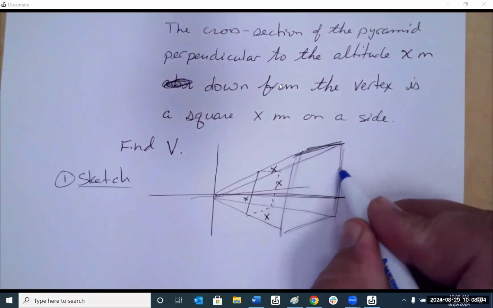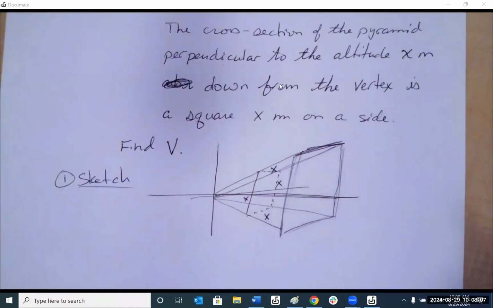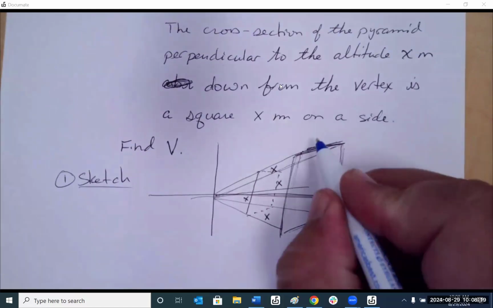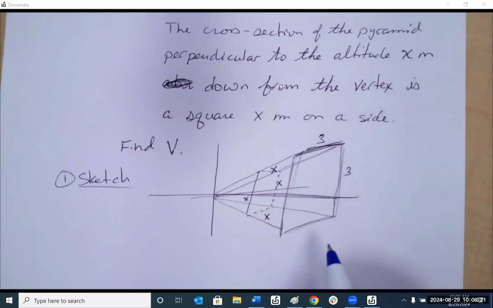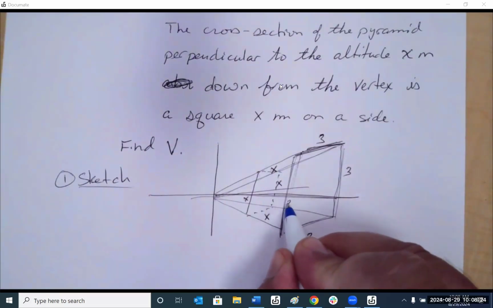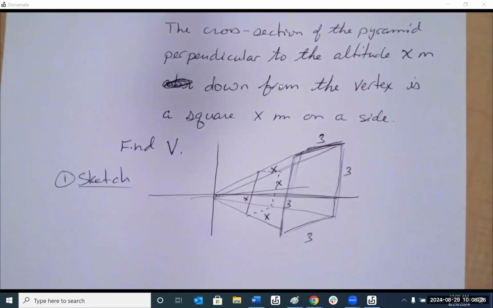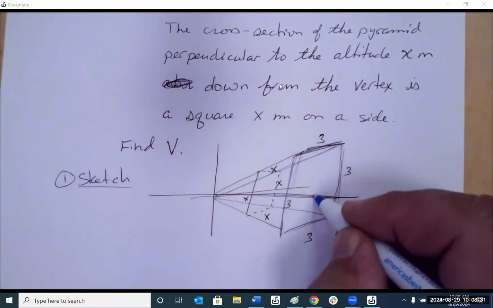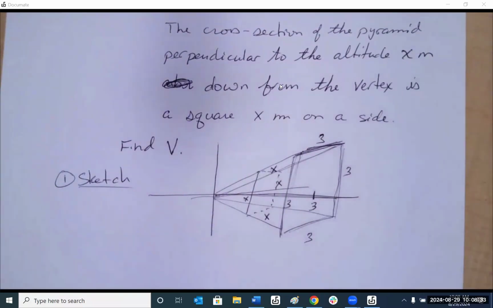How big is the base? A pyramid that's 3 meters high has a square base that is 3 meters on each side. So that's 3, that's 3, that's 3, and that's 3. And the length of it is 3 meters.